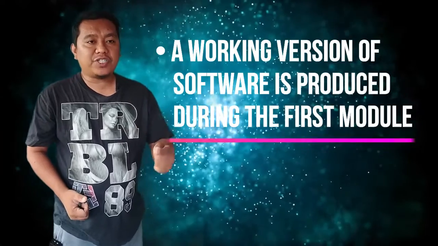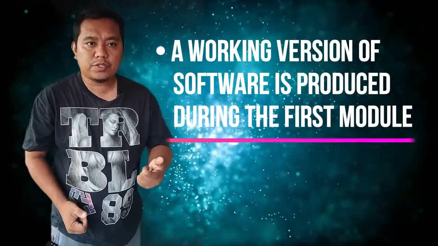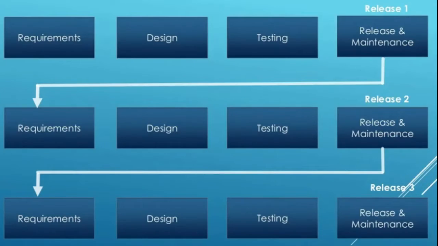A working version of the software is produced during the first module. So each subsequent release of the module adds functionality to the previous stages. So the process continues till the complete system is achieved. The model is very successful when working with a new technology.